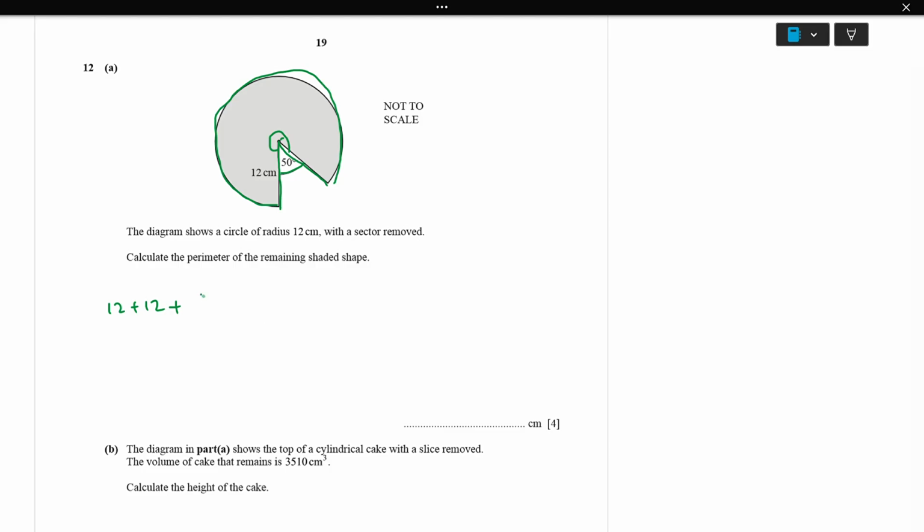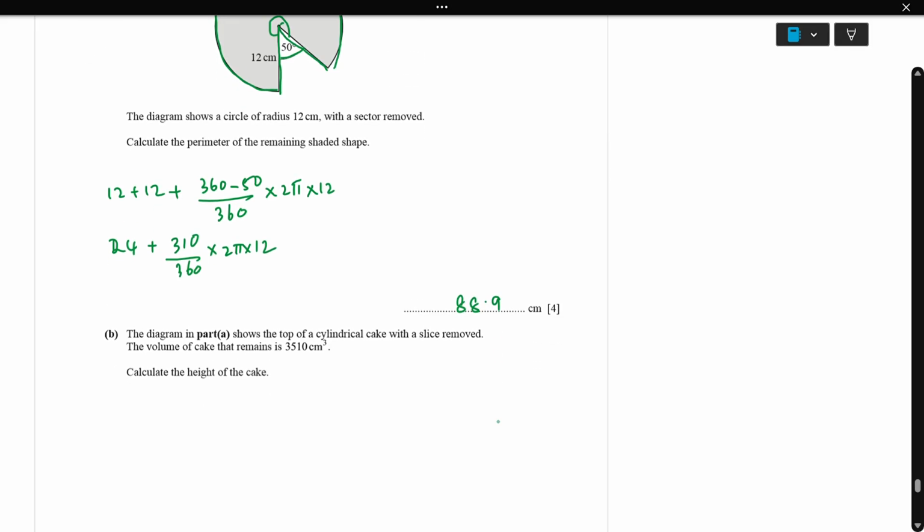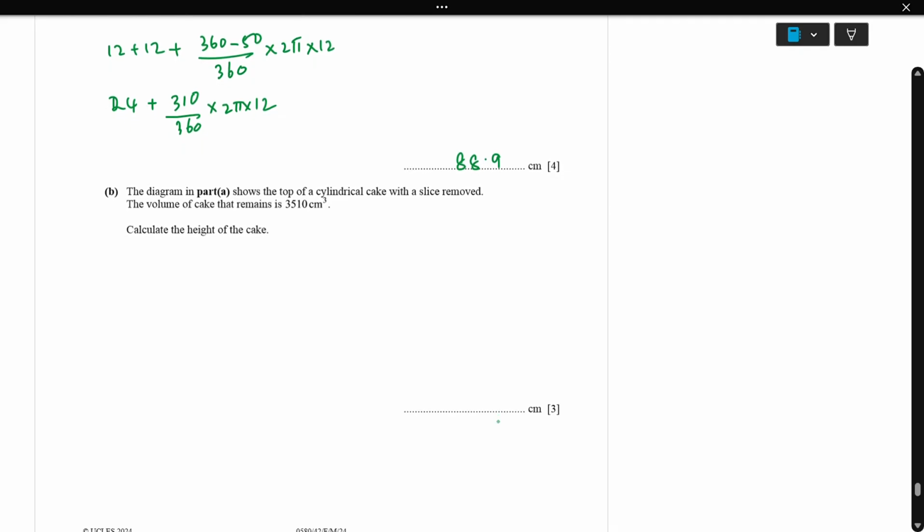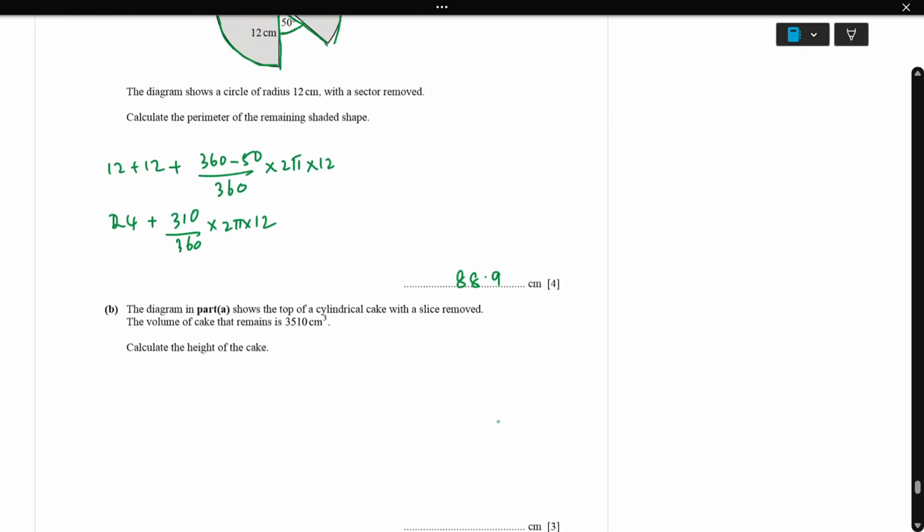So 360 minus 50 over 360 times the entire length, which is 2 pi r, 2 pi into radius 12. So 12 plus 12 is 24 plus 310 over 360 times 2 pi into 12. When you calculate, your answer is going to be 88.9.